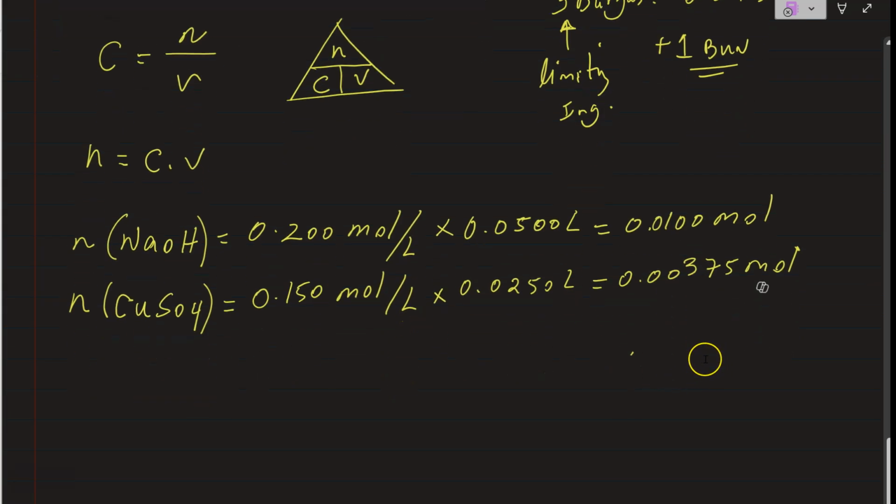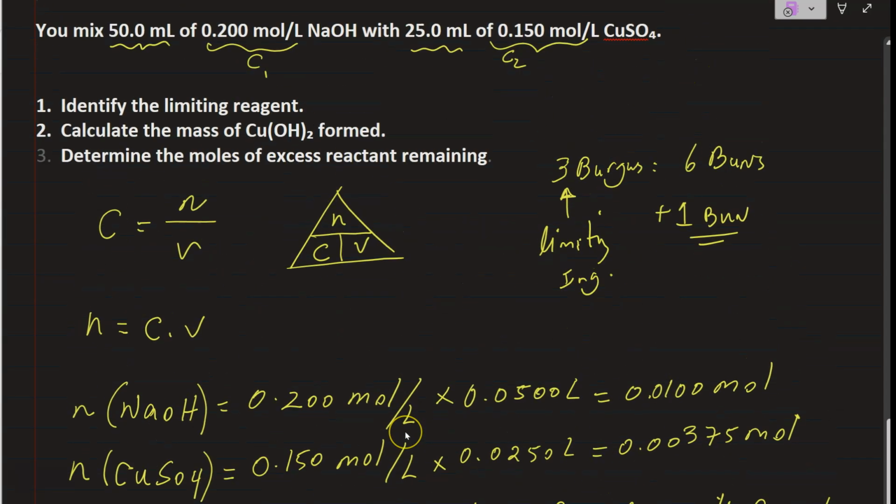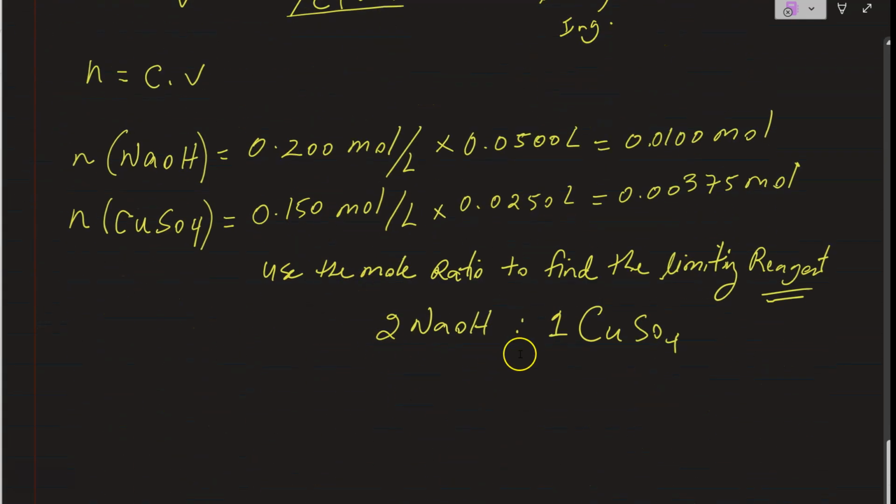Now that we have this, step 2, use the mole ratio to find the limiting reagent. Now you just go back to the equation. You're looking at 2 sodium hydroxide, and then the coefficient of copper sulfate, which is 1. So 2 to 1, that's the ratio. Once we have this, we're going to look at the copper sulfate, 0.00375 mole, and see how many moles we need for the sodium hydroxide.